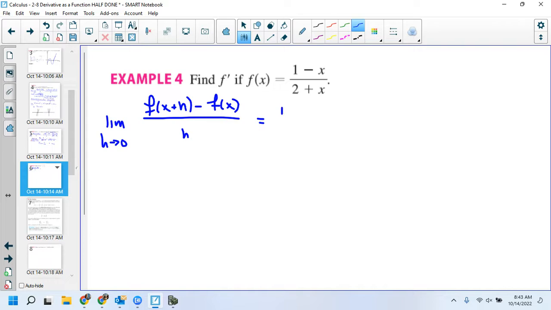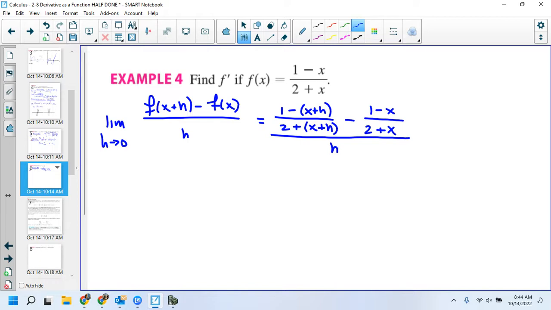All right, so this is 1 minus x plus h over 2 plus x plus h minus, okay, so that's just f of x plus h, minus f of x all over h. Let's just look at the numerator for right now. Let's not forget about this over h, but let's just work with the numerator.